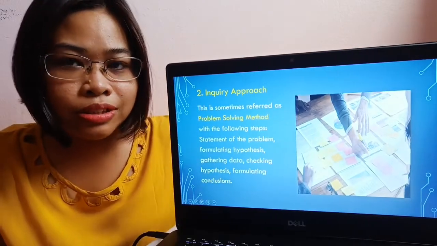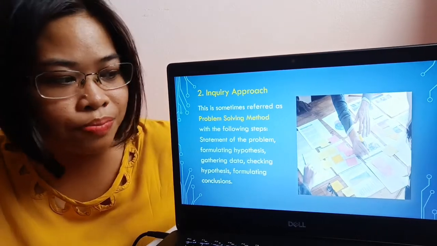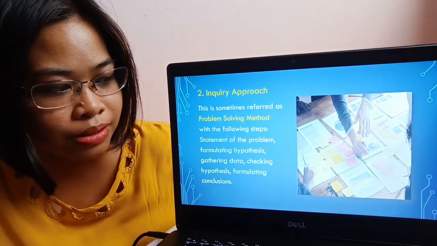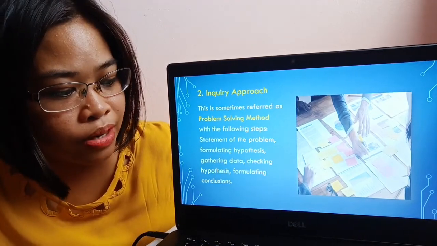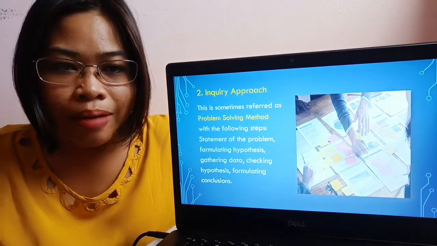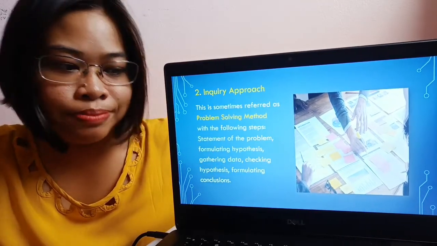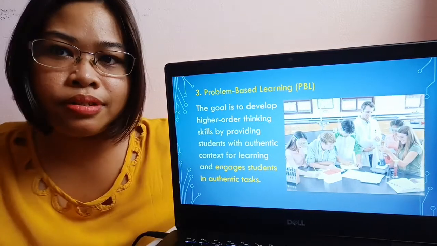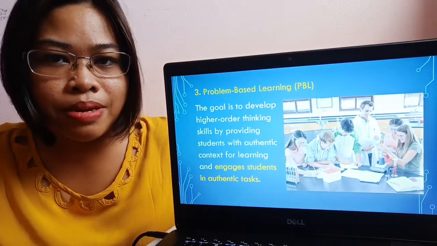This approach is sometimes referred to as the problem solving method with the following steps: statement of the problem, formulating hypothesis, gathering data, checking hypothesis, and formulating conclusion. Next is the problem-based learning, or PBL.